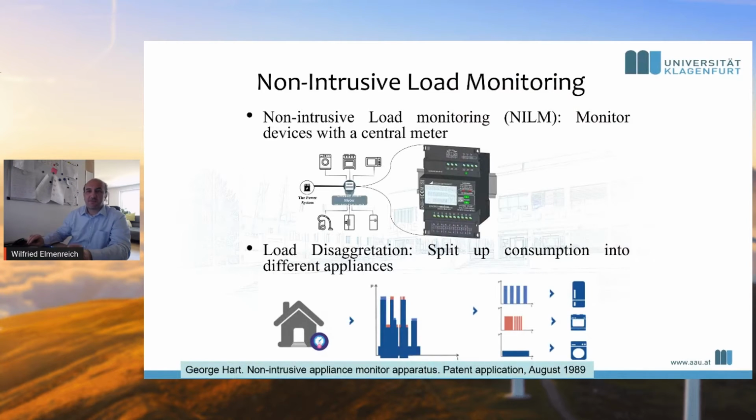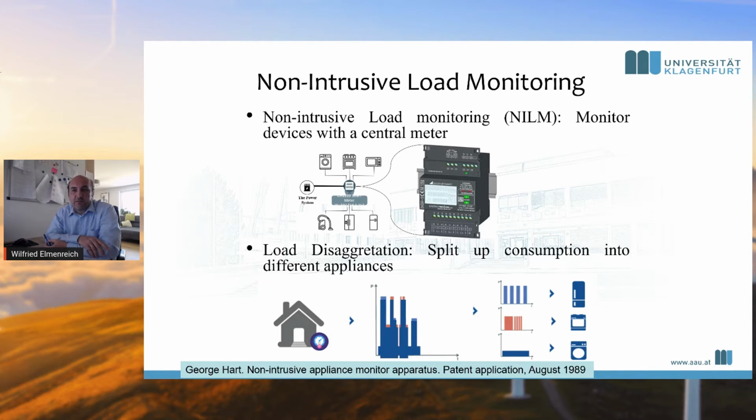So let's have a look first at non-intrusive load monitoring. Non-intrusive load monitoring is the idea to monitor devices with a central meter. You have a system with multiple devices, typically a household or a house, or even some larger building or business, and there is a meter. Smart meters have recently been installed widely, so we already have a digital meter that is able to do some measurements.